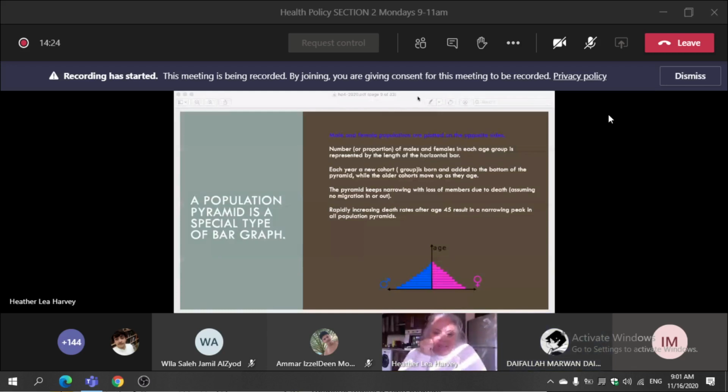What does it tell us? Doctor, isn't the population pyramid a type of graph that is used for the mortality rate for both genders, the male and female, and different age groups? It is showing us that. Is it showing us more than mortality, though?